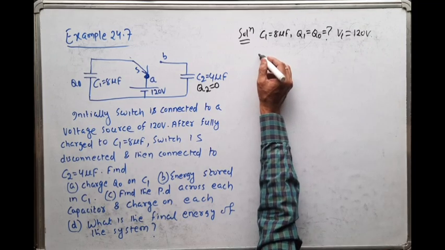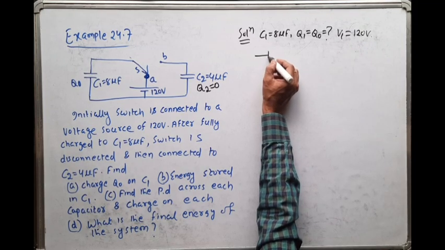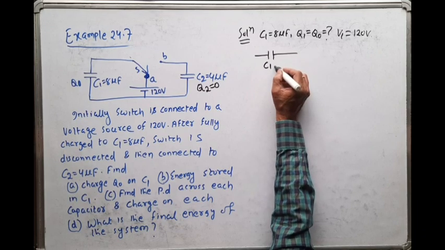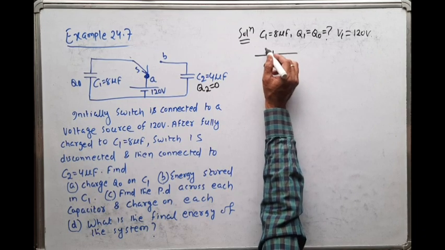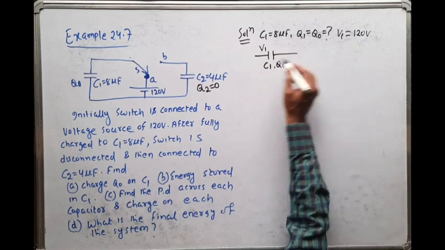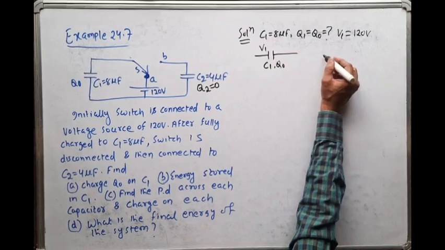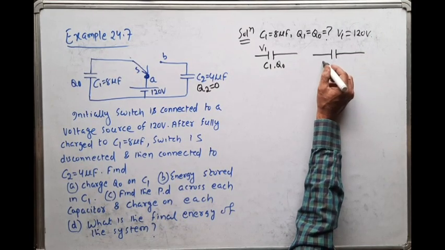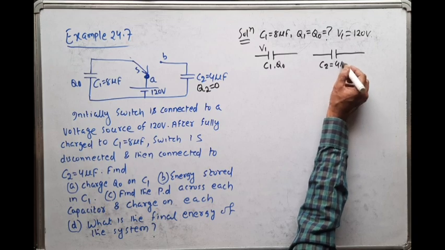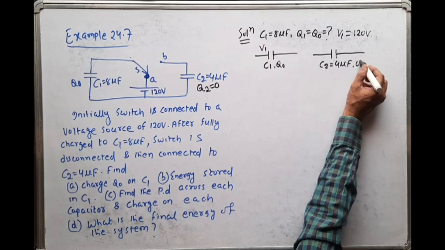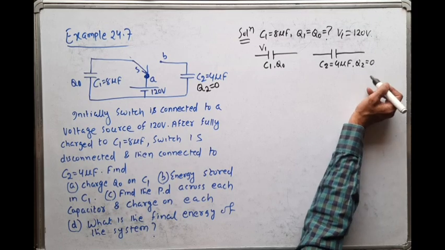So the first capacitor has capacitance C1, charge Q0, and voltage V1. Initially this capacitor C2, whose value is 4 microfarad, is uncharged, so the initial charge is equal to 0.